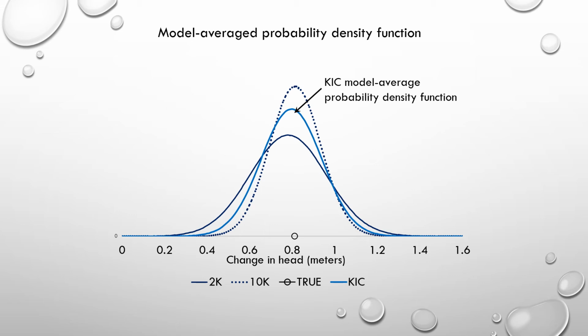I include this probability density function for the 2K and the 10K models because these 2 models are the most influential in developing this model average probability density function. And you can see how the peak is not as high as the 10K model, but higher than the 2K model, so it falls between these 2. And also, the width of the curve is between the 2K model and the 10K model.